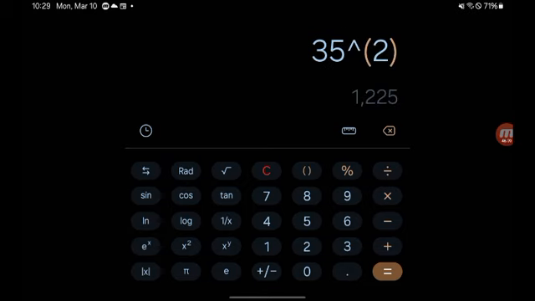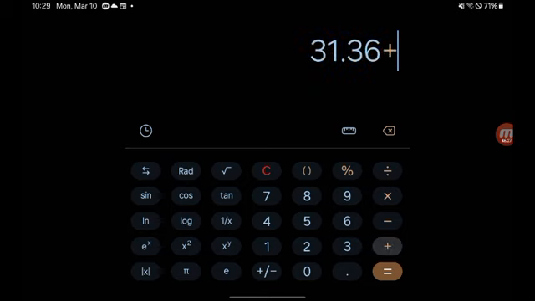So let's clear this. 35 squared, that's 1225. So let's keep that in our head, 1225. And we have 5.6 squared. Alright, so that's 31.66.